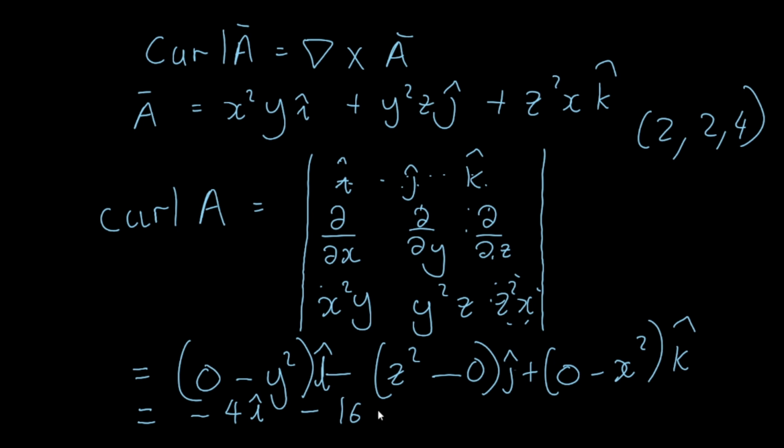That's 16j. And then lastly, plus minus x squared, and then x is 2, so we're left with, again, minus 4k. So this vector that we get is what we get when we compute the curl of this vector at this point. So what that tells us is, at this specific point, this magnitude will tell us how much it's rotating, and this vector tells us in which way in space it is rotating.